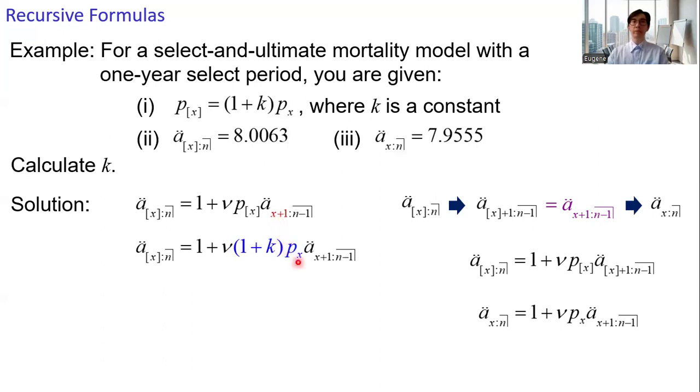All right, we are given the expression for the 1-year survival probability at select age x, which is 1 plus k and then times p_x. And then the next step, the last term here, we have the expression v times p_x and then times this ä.